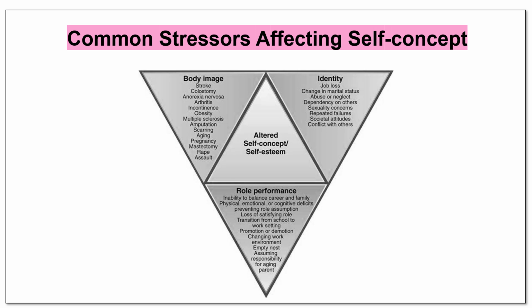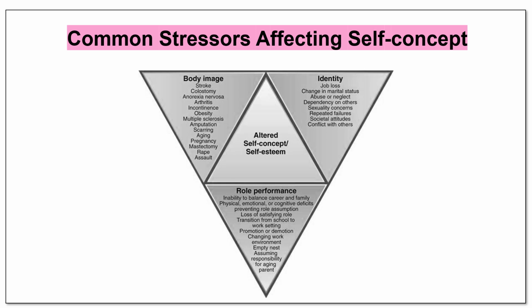So in this diagram, each corner represents a part of self-concept that can be affected by stressors. So let's see, we have body image, including physical health and visible appearances affected after having a stroke, maybe getting a colostomy bag.